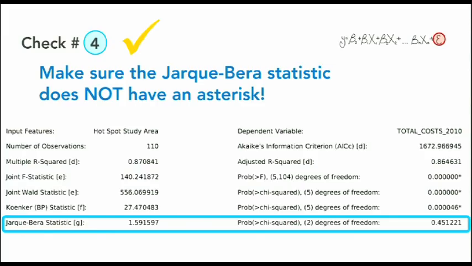Now this can actually be one of the trickiest ones. And I want to say two things. One, for the Jarque-Bera statistic, if you're running your analysis, and we're going to talk a little bit about how we found that model, I can tell you, no matter how awesome the tools are, it's always going to be an iterative process.